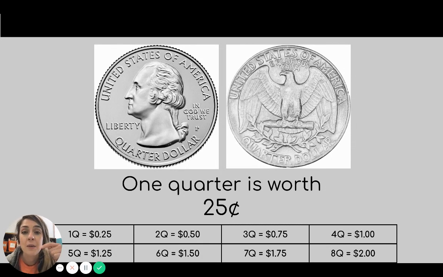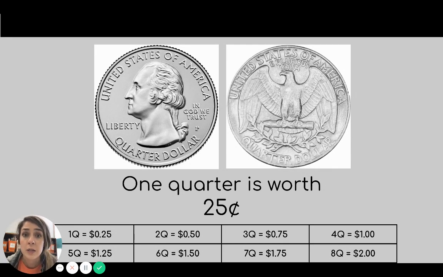So if you at any point are working on something and you think that this table would be helpful, go back to this Google site and look at this. I told the in-person kids, because I wrote the same thing on the board for them, and they were still having a hard time figuring out how much 6 quarters would be. You always want to work smarter, not harder.